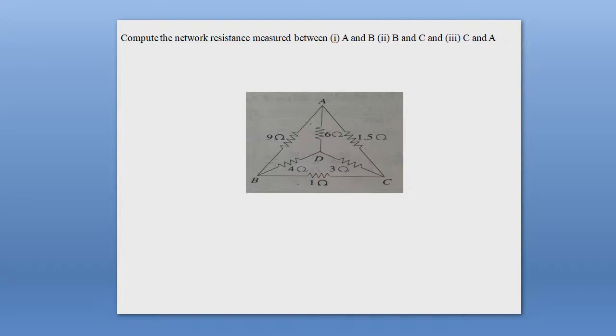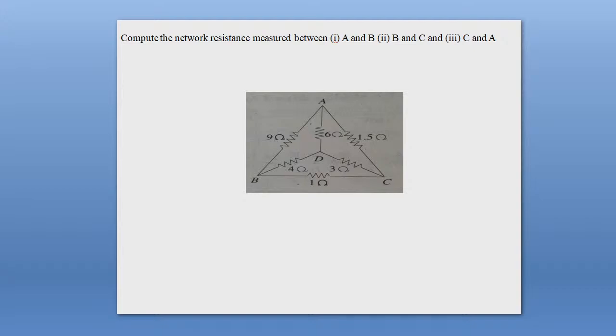To solve this problem, you see, this network is a combination of two types of network, delta as well as star. ABC is a delta network, meaning the outer network is a delta network, but if you consider the inner network, A, D, DC, DB is a T network or Y network.